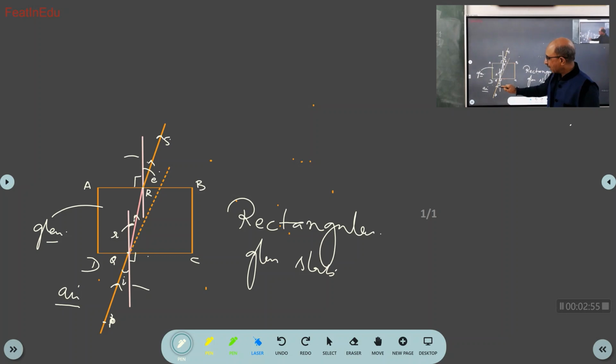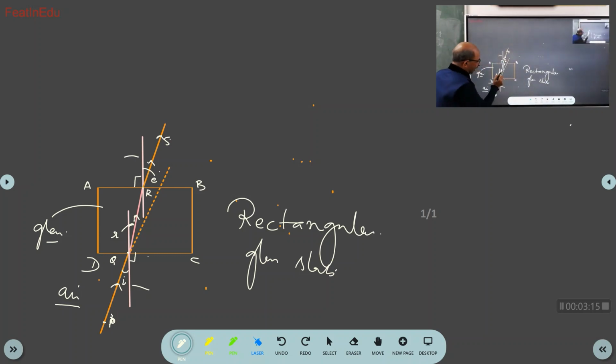You can see that the incident ray would have travelled along this dotted path if the glass slab was not there. Now because of this glass slab, this ray instead of travelling here is deviated. This angle is the deviation. The ray which was travelling like this has now deviated.